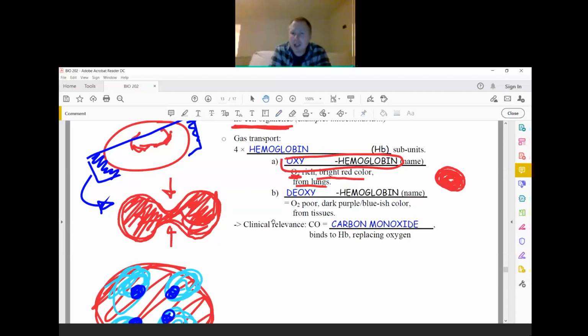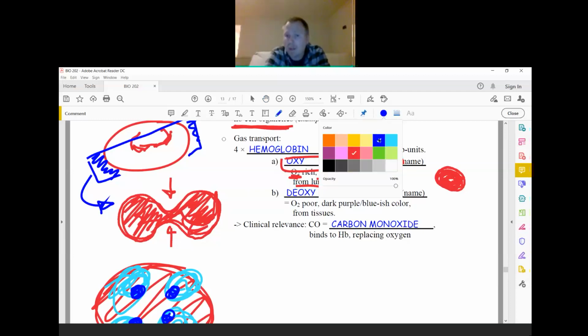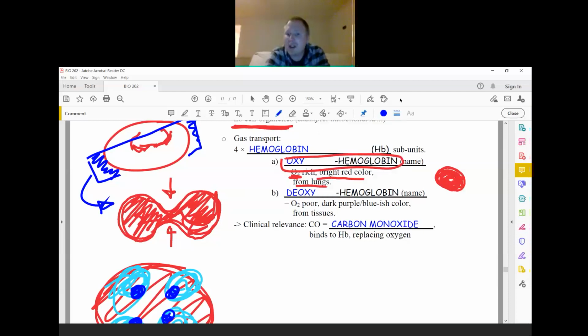Well, we also have an opposite of that. When blood has gone to the tissues and given away the oxygen that it was carrying, that was its job. Its job was to carry oxygen to the tissues. It now has very little oxygen left. And it's often described in these diagrams as being blue in color, when we don't really have blue blood, but we have this dark purplish blood.